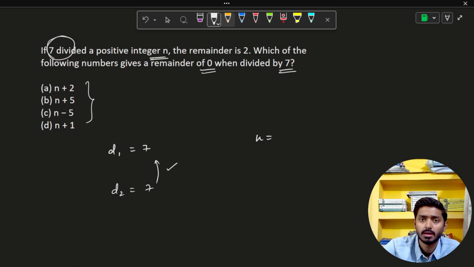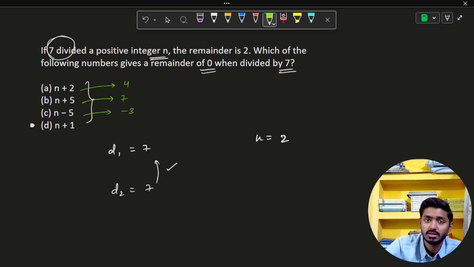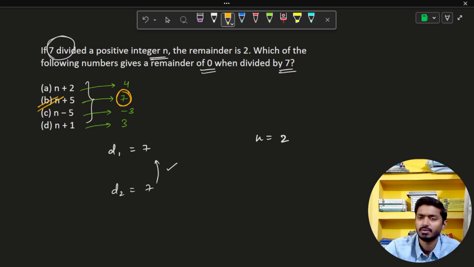Now if it is a multiple, we'll assume the number to be the remainder itself. Now we'll put the values in here. If we put the value 2 over here, it gets 4. Put the value 2 over here, it gets 7, that is minus 3, and that is 3. The only option which could be divided by 7 and would leave a remainder 0 would be option B. Very simple was that.